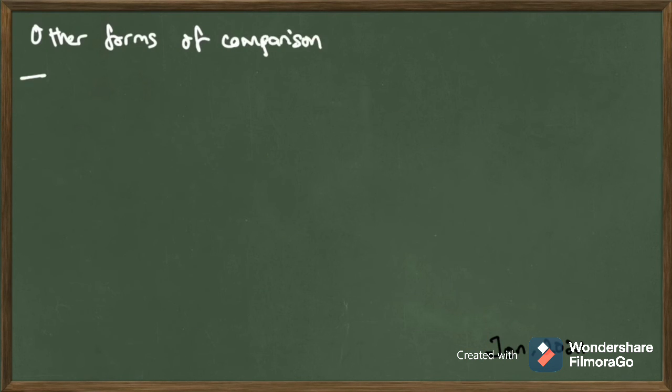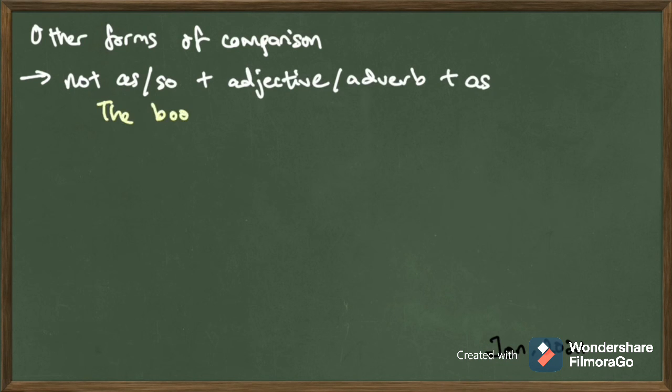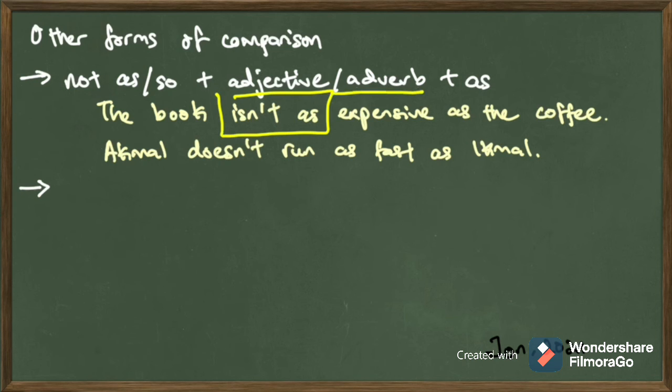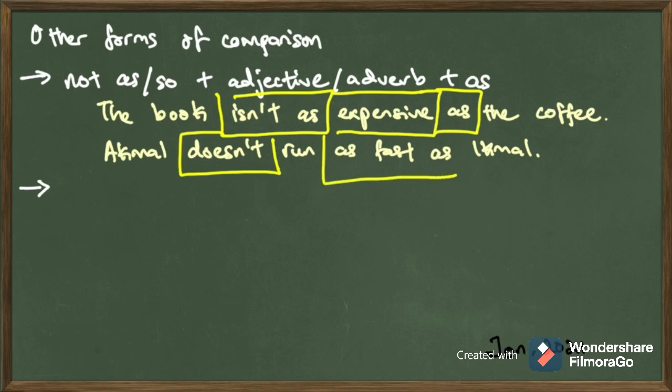Next, not as or not so, followed by the adjective or adverb, followed by another as. Look here, the book isn't, which is equivalent to is not, expensive, followed by another as. Akmal doesn't run as fast as Ikmal.